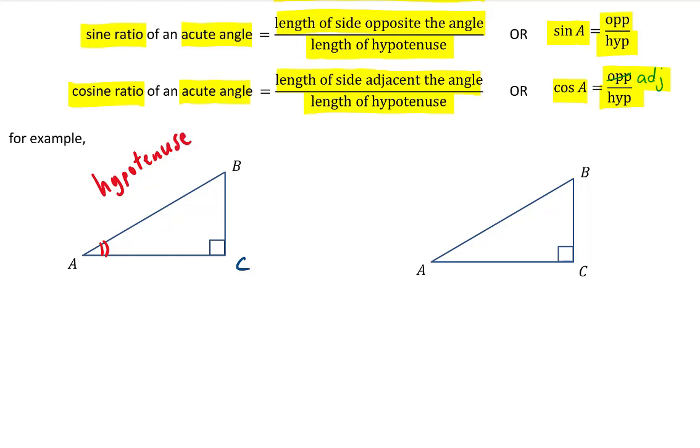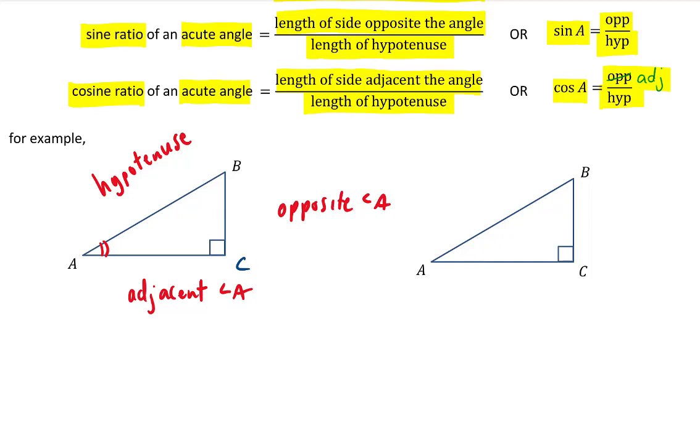Opposite angle A is side BC, so this is the opposite side. And then the only thing that's left is adjacent. Adjacent means beside it. So beside angle A is the hypotenuse and what we call the adjacent side. So we have the side opposite angle A, the side adjacent to angle A, and the hypotenuse.